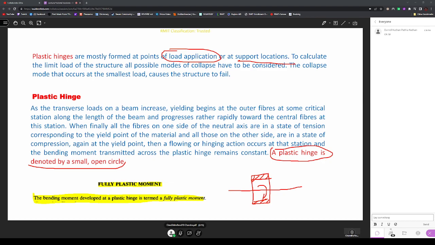So when the cross section is fully plastic, we can denote that the entire structure above the neutral axis is in plastic state, and also the entire structure below the neutral axis is also in plastic state. So this is the case of the fully plastic state.